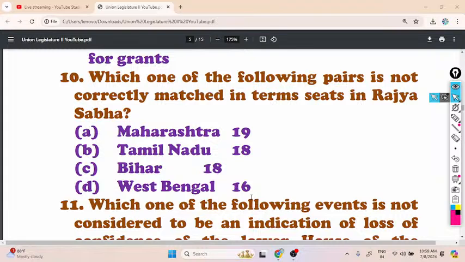Then we will come to question number 10, not including the Rajya Sabha.